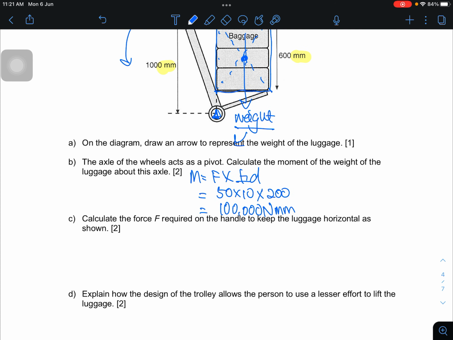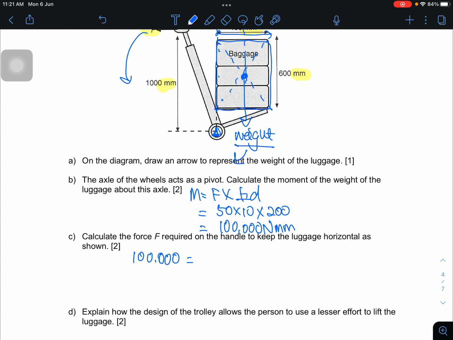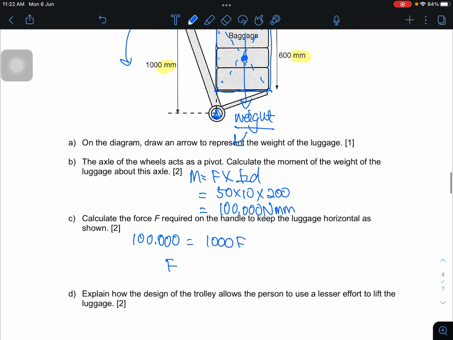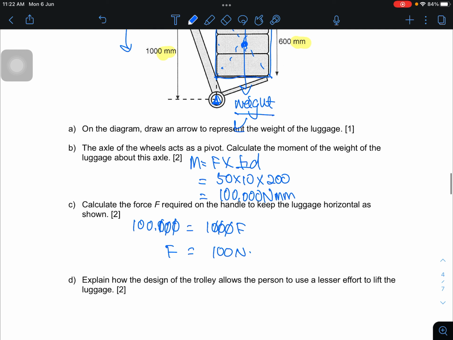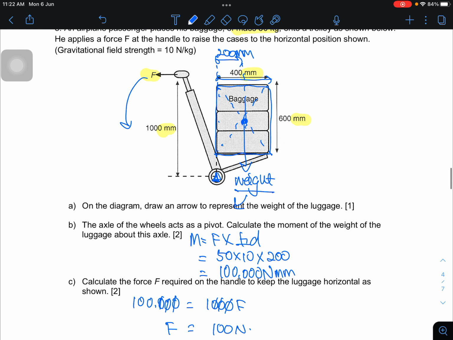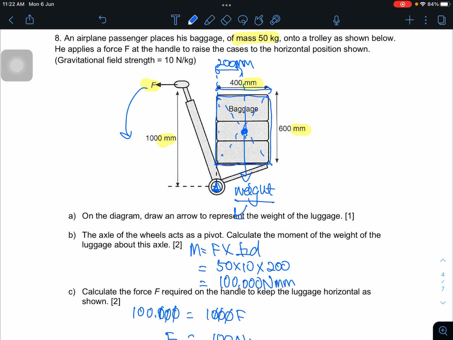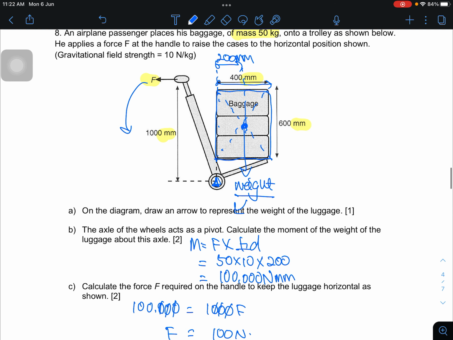So 100,000, the moment due to the weight of the baggage, must equal the moment due to the F. In this case, it's distance times F, so 1,000 times F. So F will equal 100 Newton. So you see, I only need to exert a force of 100 Newton to lift a 500 Newton baggage up. So that's the magic of this trolley.